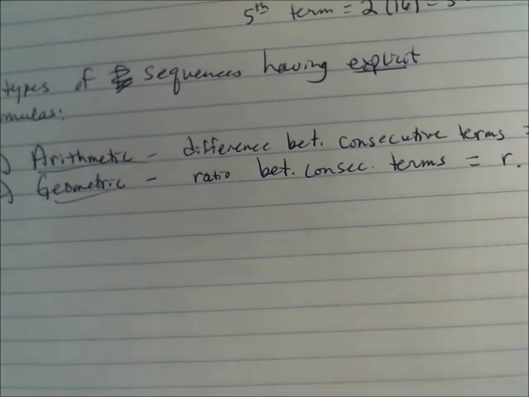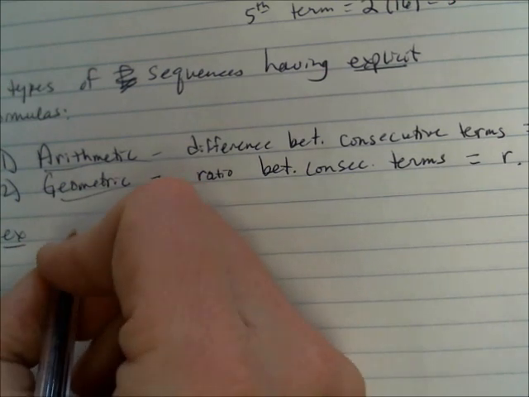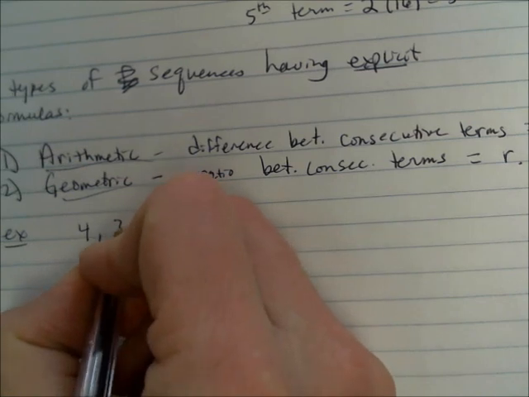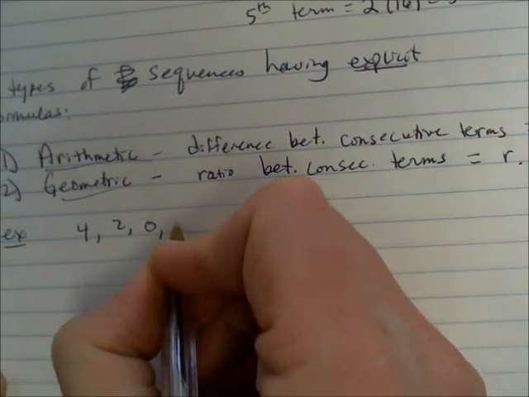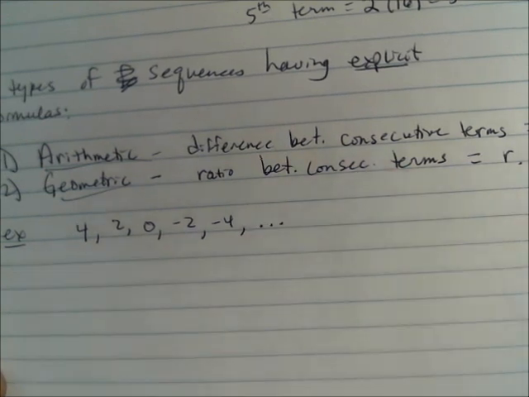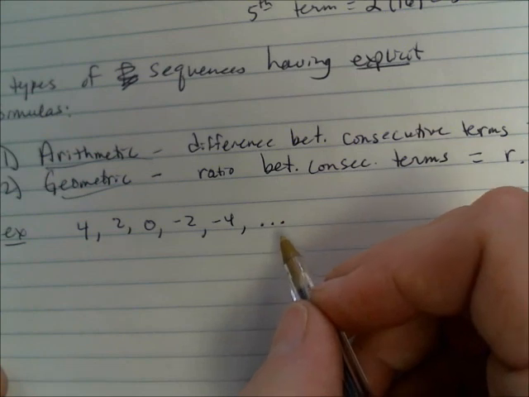So for example, if you have this sequence 4, 2, 0, -2, -4, and we'll continue that infinitely, is this arithmetic or geometric?